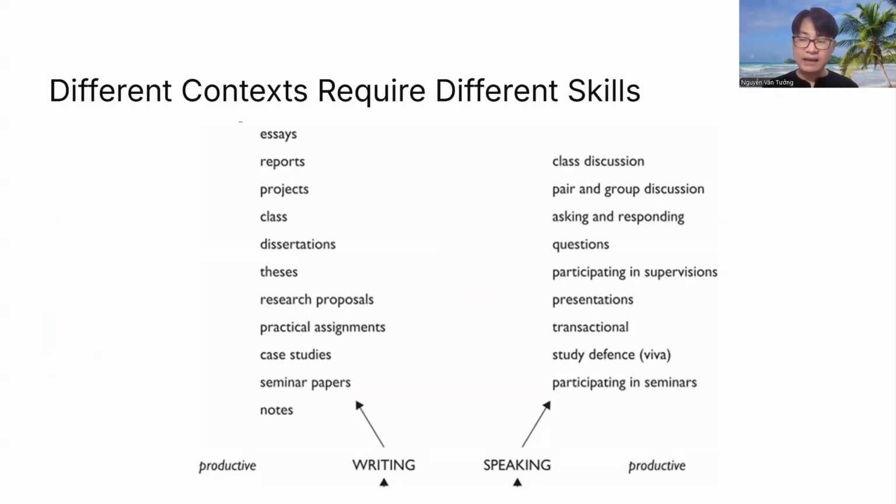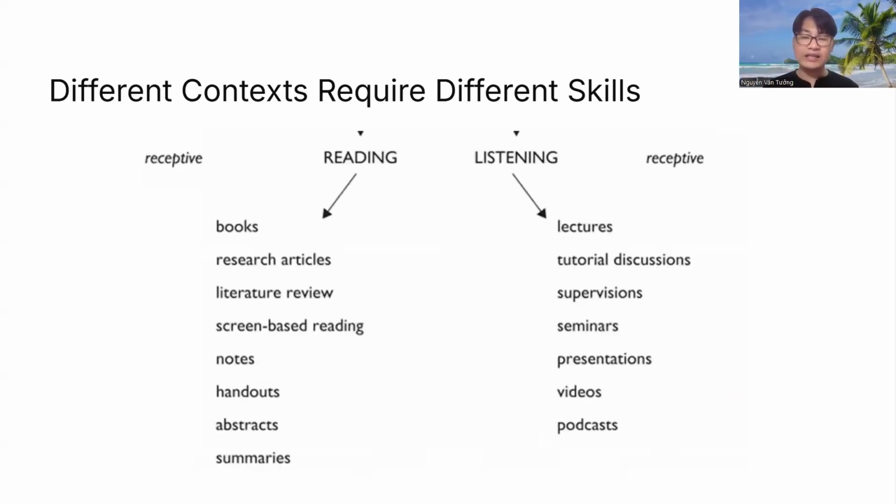But if I'm going to give a presentation like what I am doing right now, speaking skill is always the top priority. The same goes for asking or responding to questions. So as you can see from the screen, each context would require a different skill. It could be writing, it could be speaking.